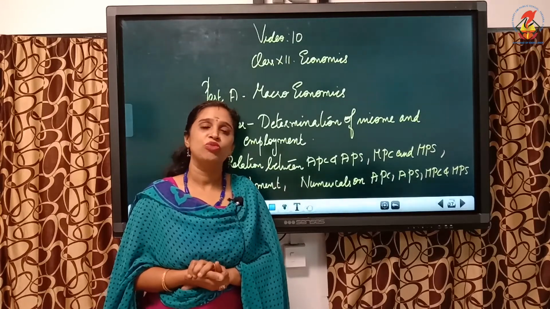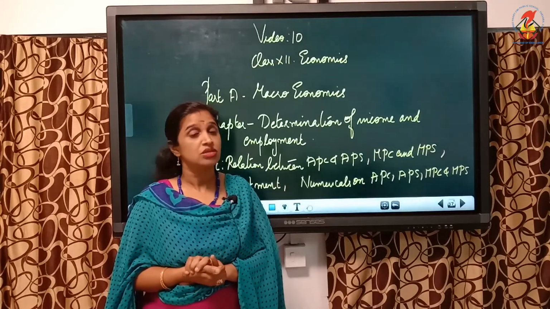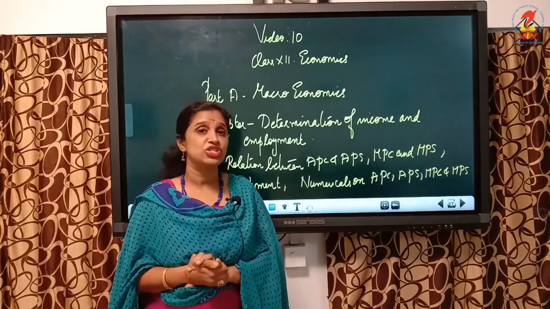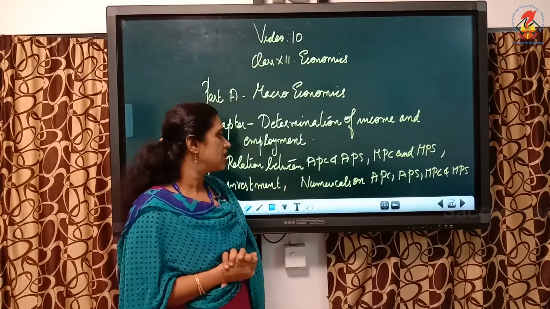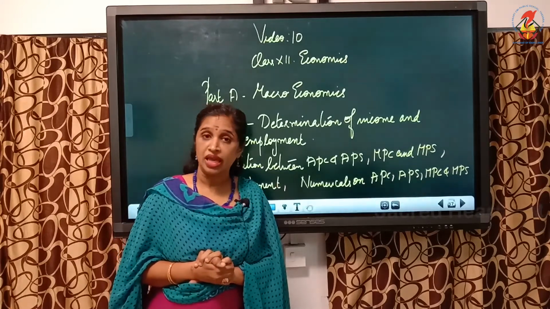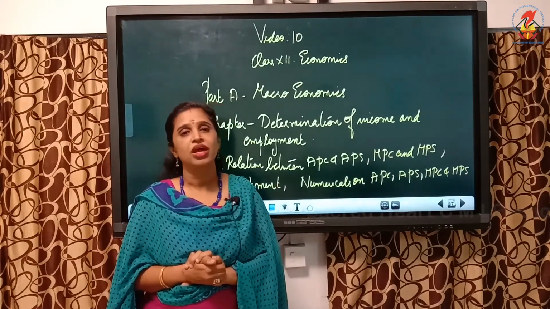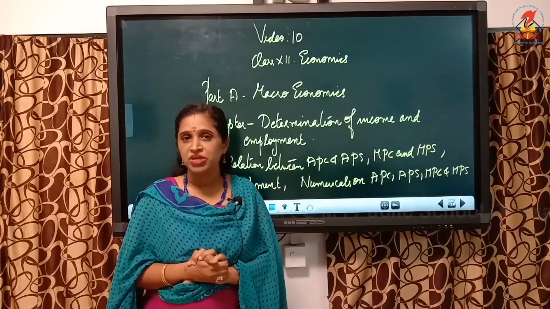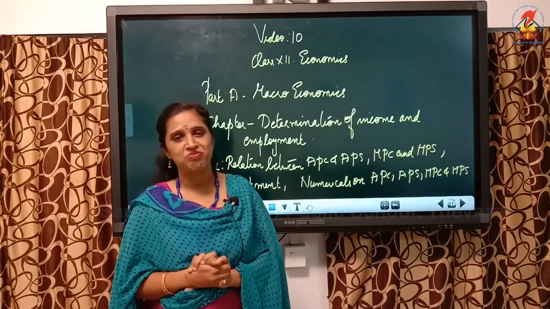Now today we will move on to the topics such as the relationship between APS and APC, the relationship between MPS and MPC, then investment as the next topic, and numericals on APC, APS, MPC and MPS.